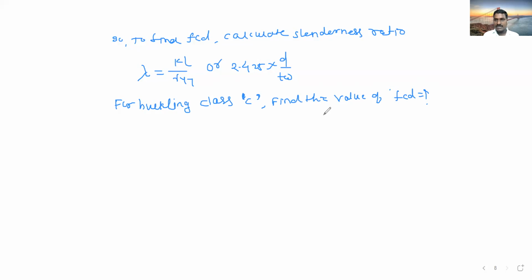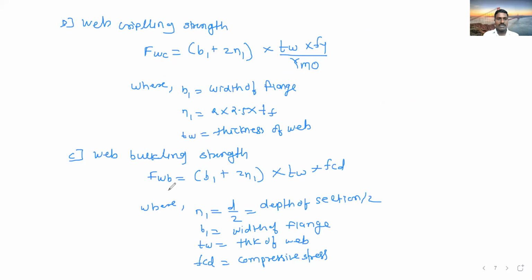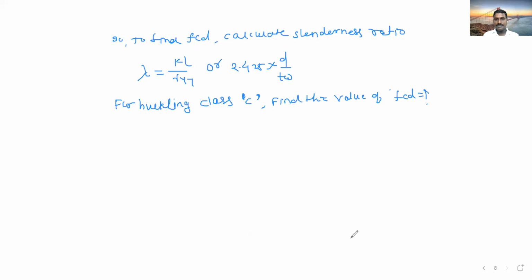But in this chapter, the beam chapter, here we have to take buckling class C for this particular section. So find the value of FCD and then calculate the strength for web buckling. Got it? So these are the checks for beams: the deflection limit, web crippling and web buckling.